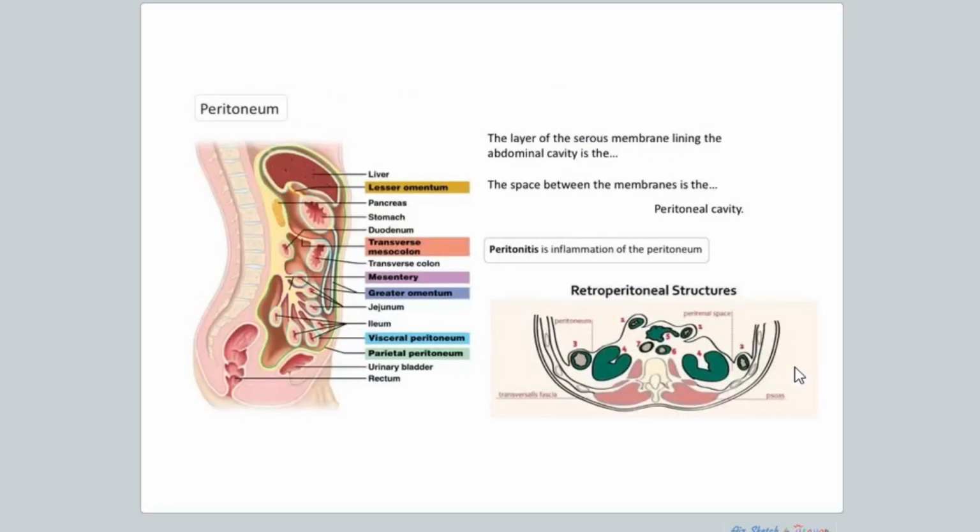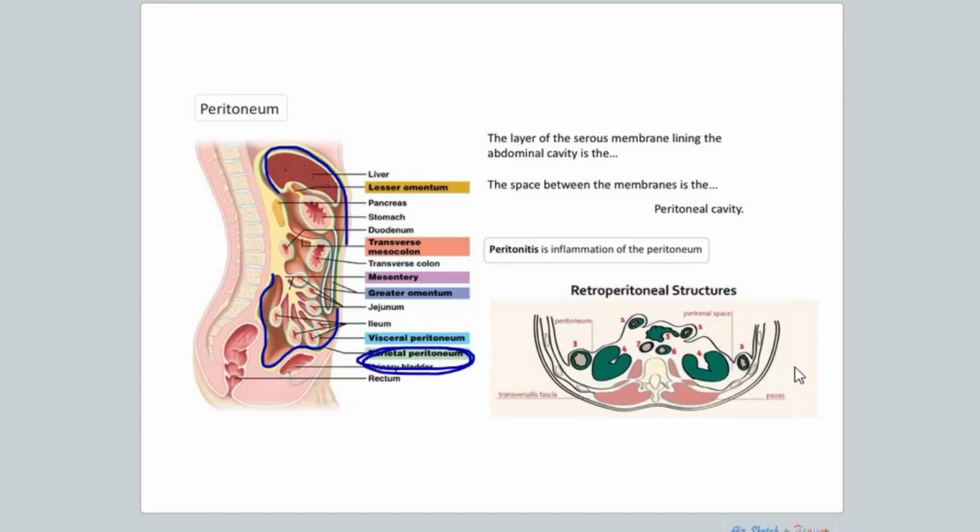Okay, and then lastly we have the peritoneum, or the peritoneal membranes. These are the membranes that are going to line the abdominal cavity and also the digestive organs within that abdominal cavity. The layer of the serous membrane that actually lines the abdominal cavity is called the parietal peritoneum, and that's what this is showing here. This layer of membrane lining the entire abdominal cavity is the parietal peritoneum.